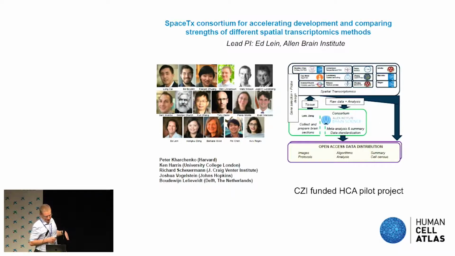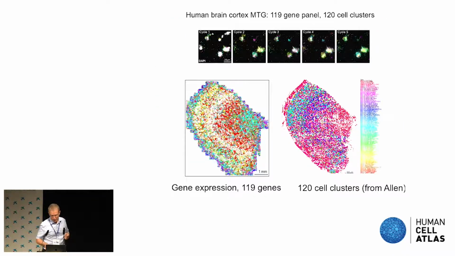Out came a list of, say, 500 marker genes or so, and then it was up to the different spatial transcriptomic groups to select their markers for their method, generate the data and submit it back to the SpaceTX consortium. Then Allen also sends out tissue to all the participating groups, so we get tissue sections from the very same specimen, so we can compare.